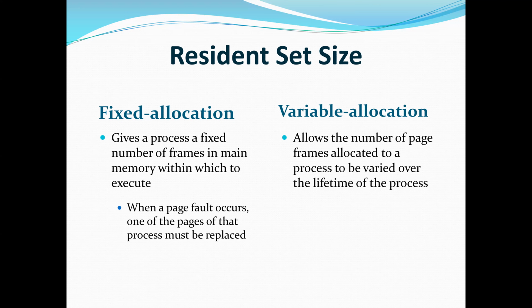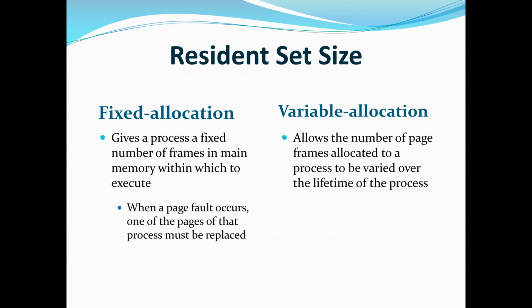That number is decided at initial load time, that is, during process creation time, and may be determined based on the type of process, either interactive or batch, or any type of application, or based on guidance from the programmer or system manager.